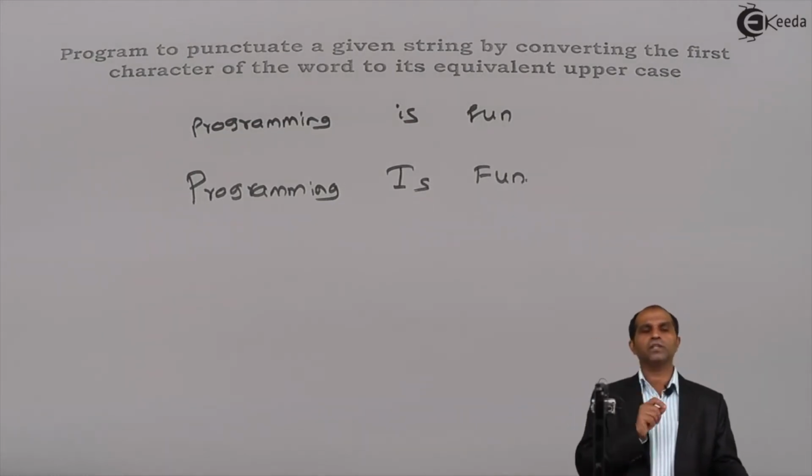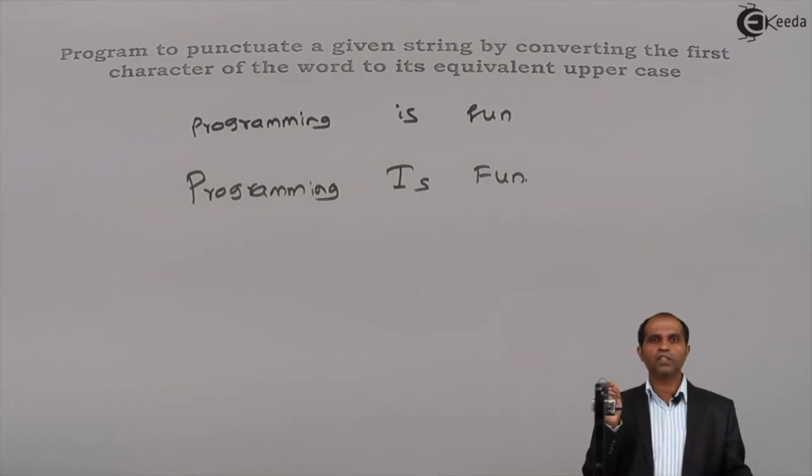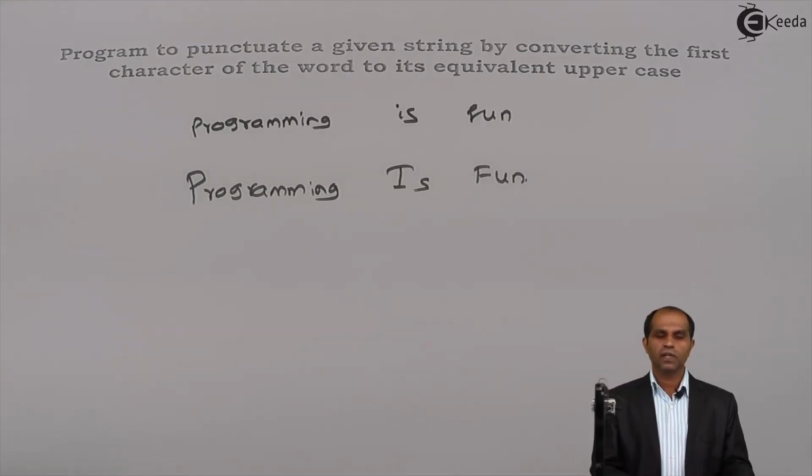If you observe the string closely, you will find that the contents which appear after a blank space will undergo change. Whenever you identify that there is a blank space, immediately the next character is the beginning of the word, hence that character has to undergo change. Right? Okay, let's try this particular code.